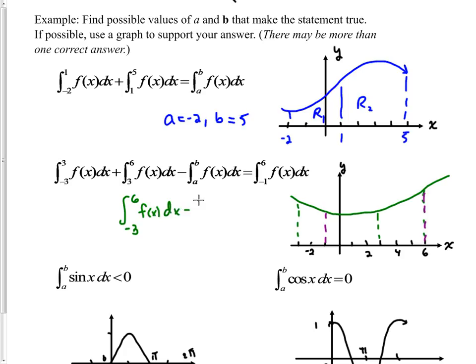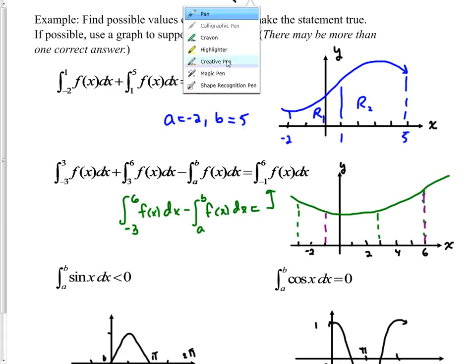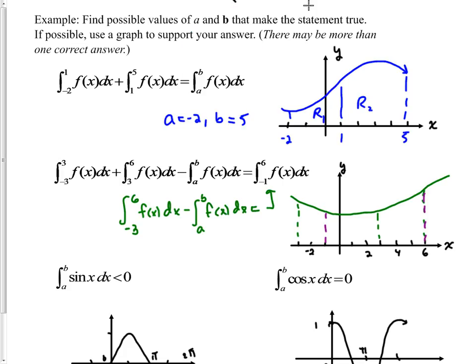But we still want to find some unknown region that we can take away, from a to b of f of x dx, and get as our result the integral from -1 to +6. Well, how are we going to accomplish that? In this case, what we want is this interval right here that lies between -1 and 6.